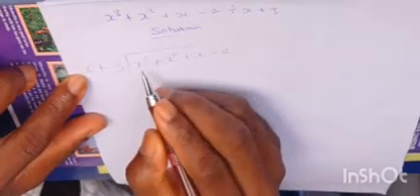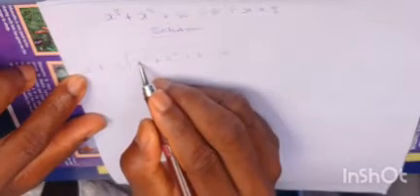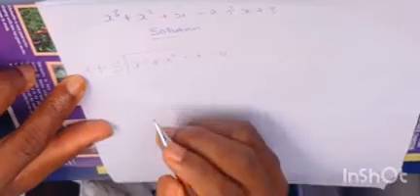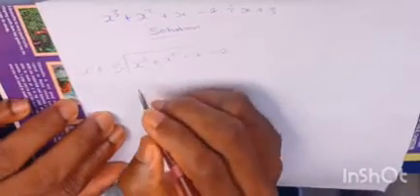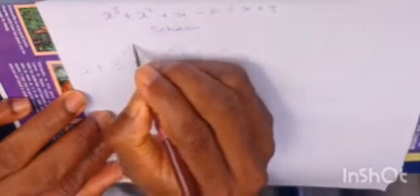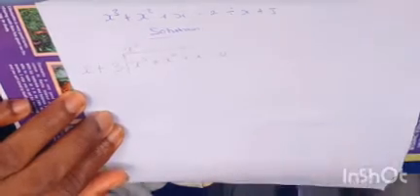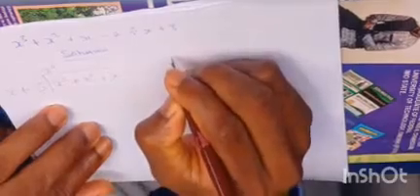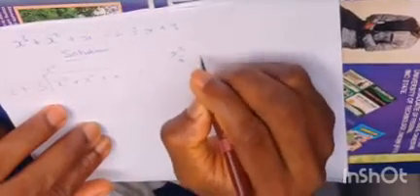Now that means x cubed divided by x is going to give you x raised to power 2, that is x squared. Now look at what we did there. We have x raised to power 3 divided by x. We cancel one x, so we are having x squared.